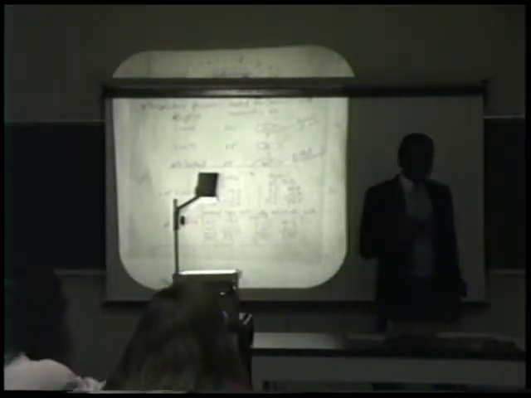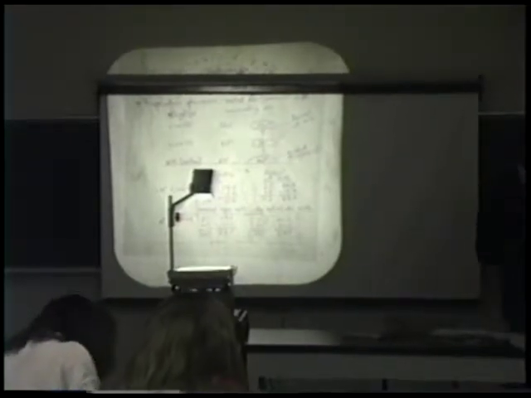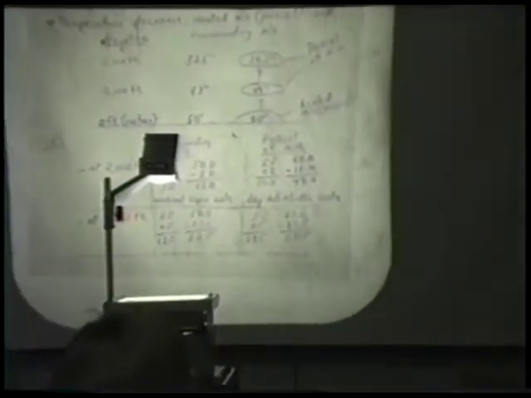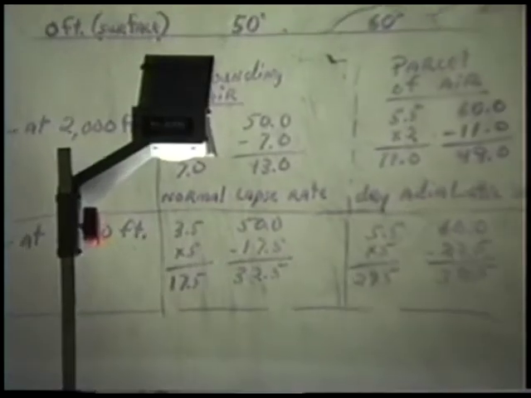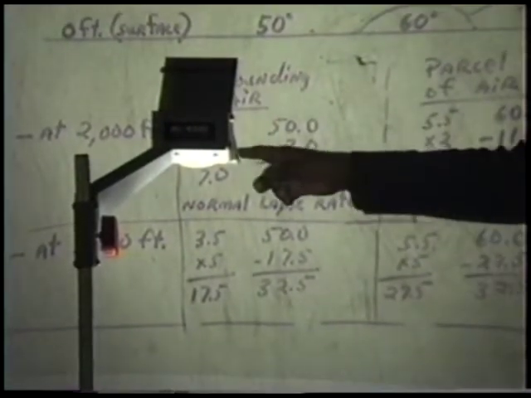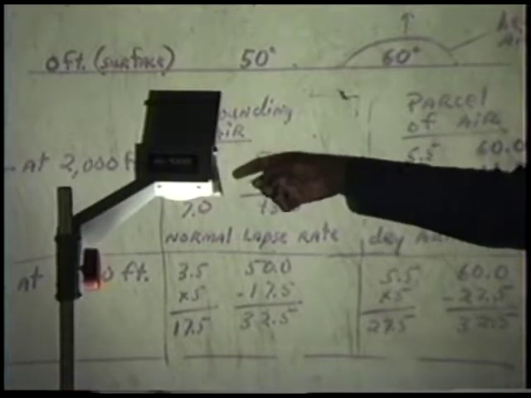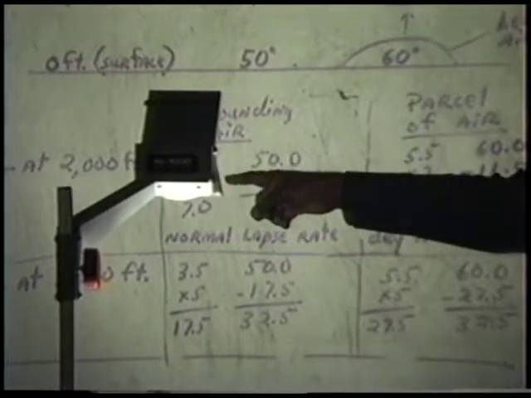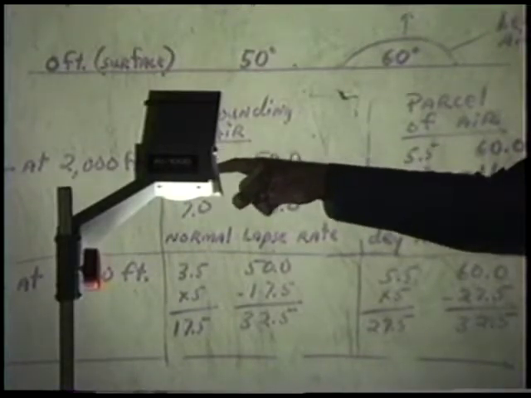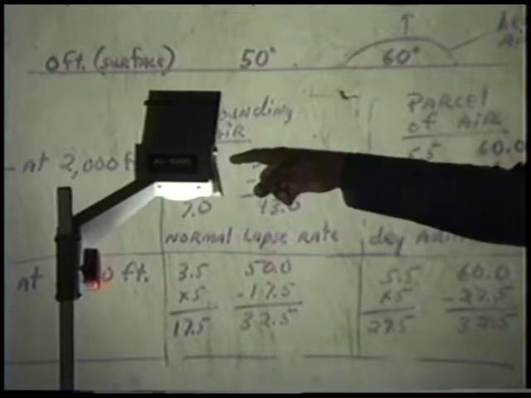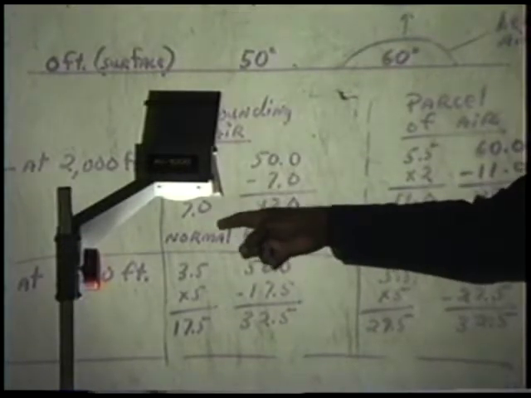So we want to find the temperature of the air at 2,000 feet. We would multiply 2, standing for the number of thousands of feet, times 3.5, which is the normal lapse rate, and you get 7.